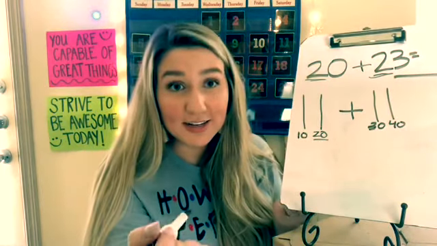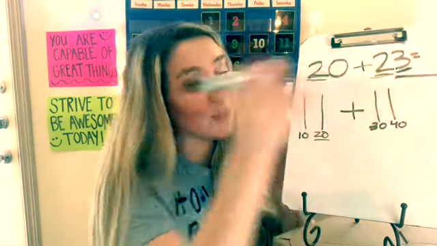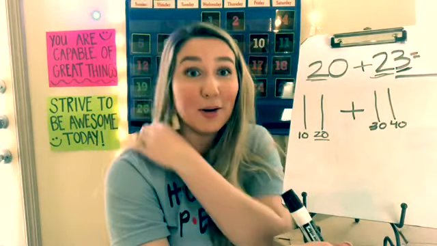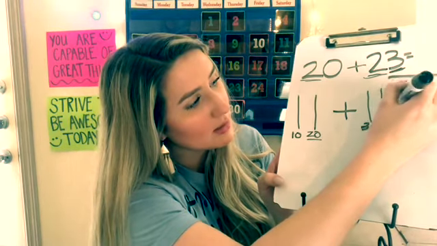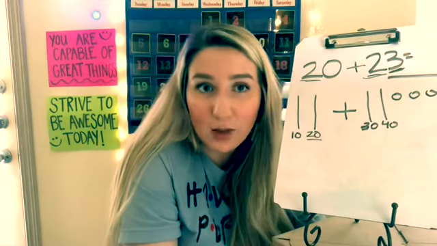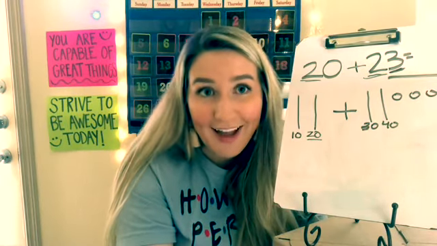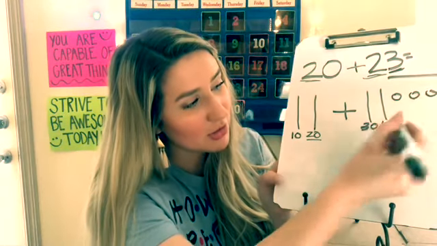Now we're not done because 23 has 3 ones that we need to put in our model, right? So here we go. Let's draw 3 ones. 1, 2, 3. Now, I don't want to count these 1, 2, 3. I want to count on from what I have in my model, which is 40.